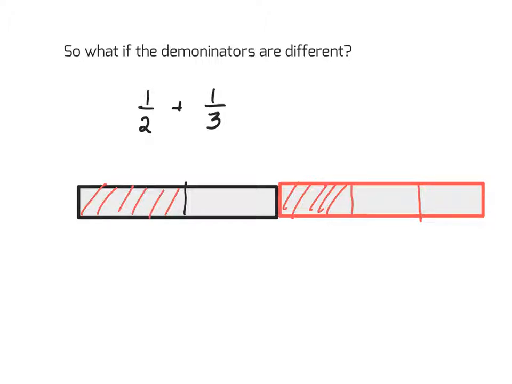So the best way to do that is to find the least common multiple of 2 and 3 and then split both of the wholes into that number. So the least common multiple of 2 and 3 is 6, right? 2 times 3. So I'm going to split both of these wholes into 6. So 1, 2, 1, 2, there's 6 there. 1, 2, 3, now there's 6 there, right?